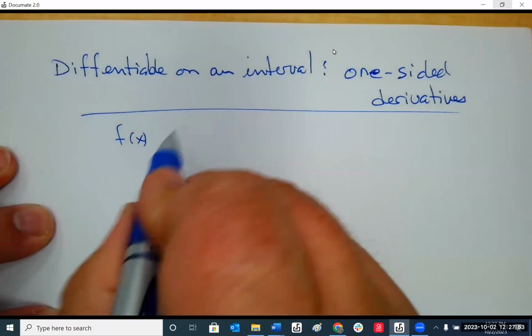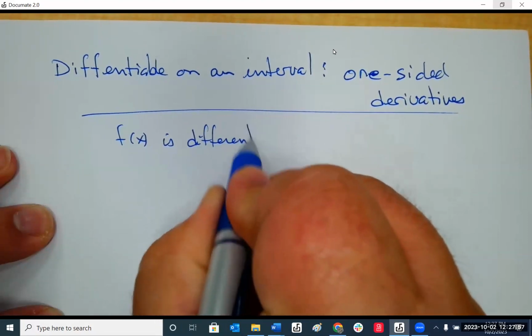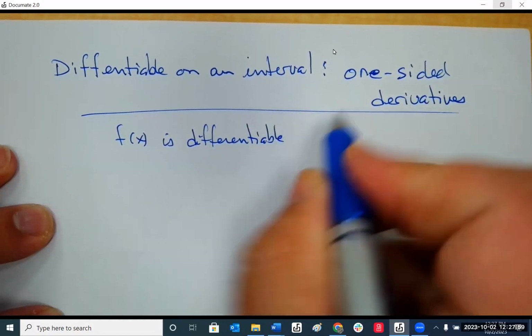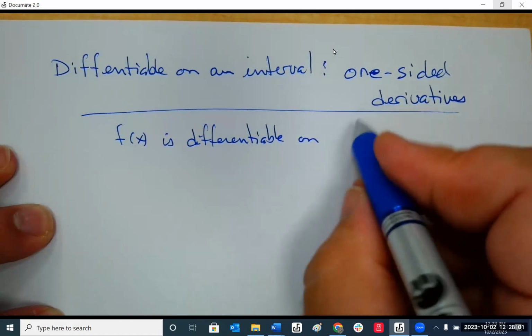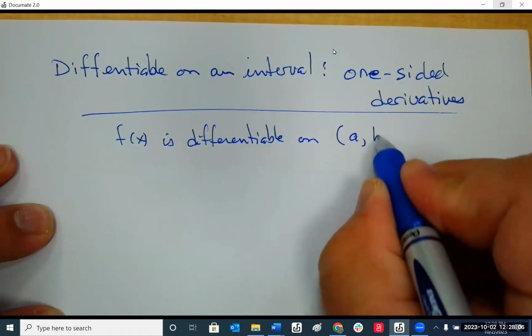Let's say that f of x is differentiable on an open interval a b.